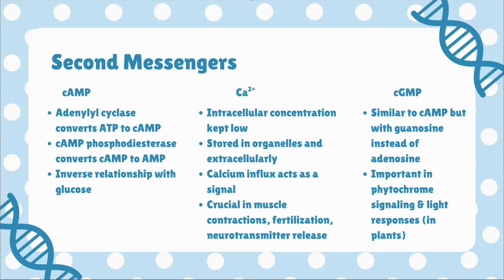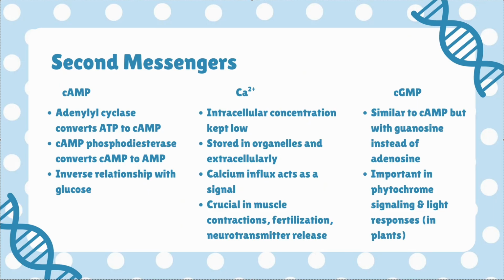And calcium influx acts as a signal. So since the calcium concentration in cells is normally super low, mass influx of calcium can serve as a signal for the cell, which is crucial in muscle contractions, fertilization, and neurotransmitter release.